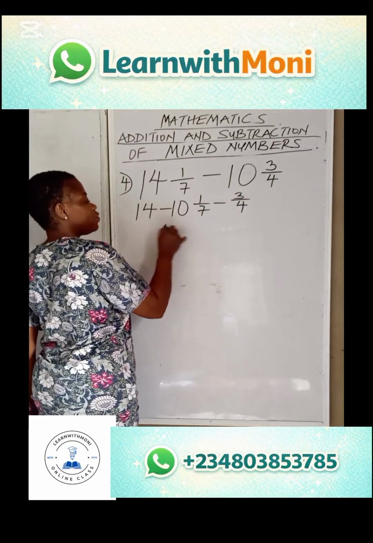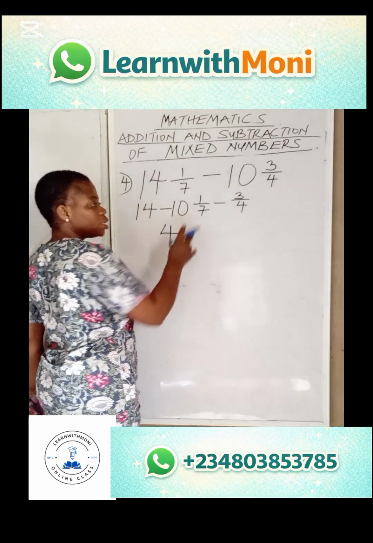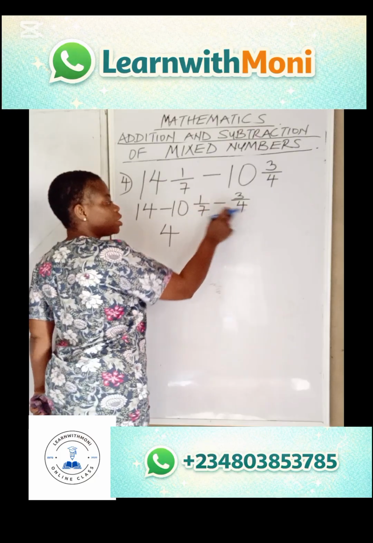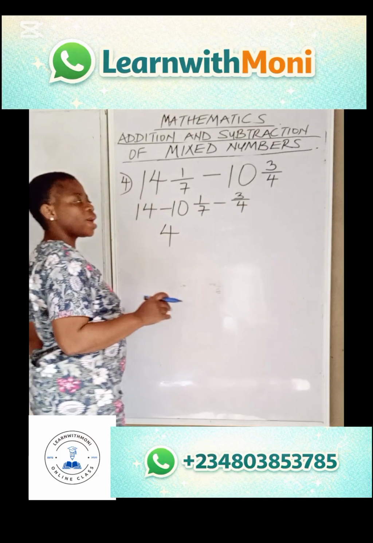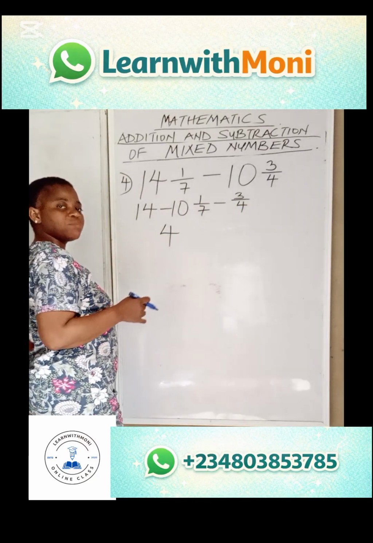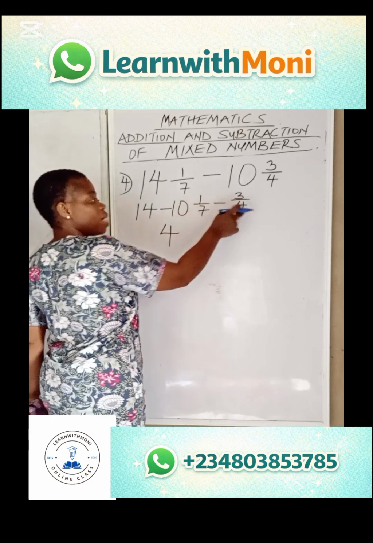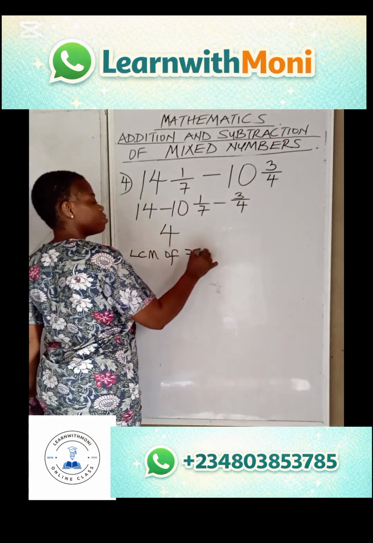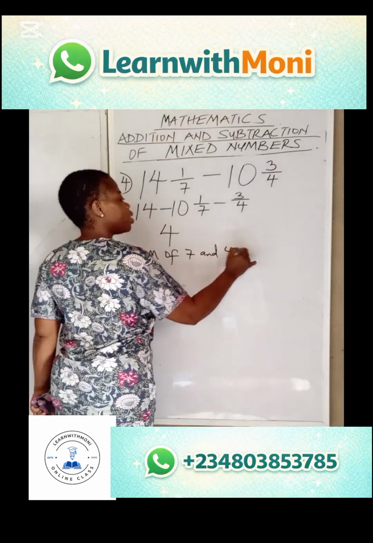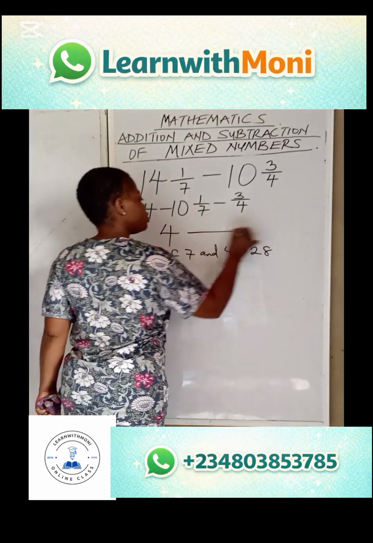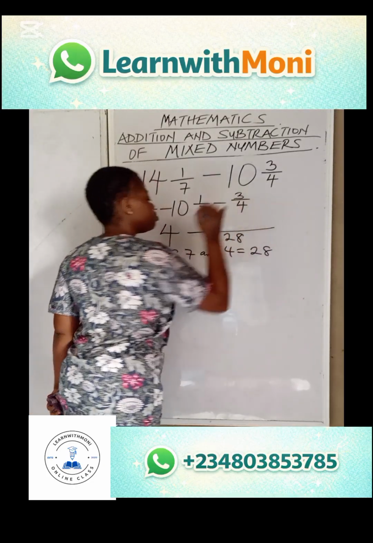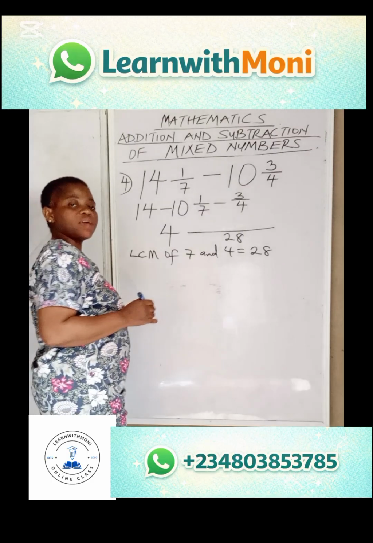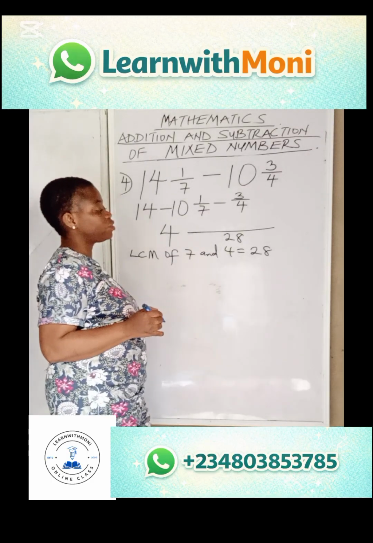14 minus 10 is 4 wholes. Then the denominators here, 7 and 4. I want to use the LCM method now. The LCM of 7 and 4 is 28, and I want to use that LCM method. So I take the LCM as the common denominator.